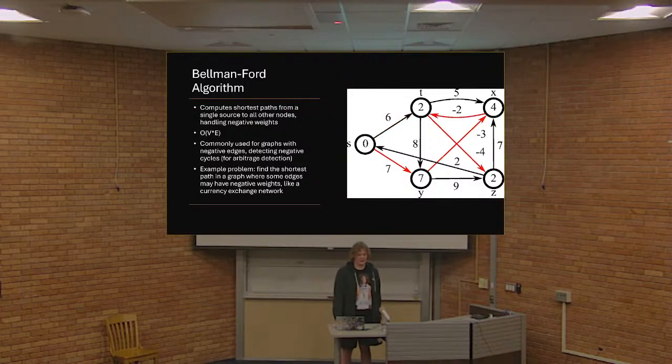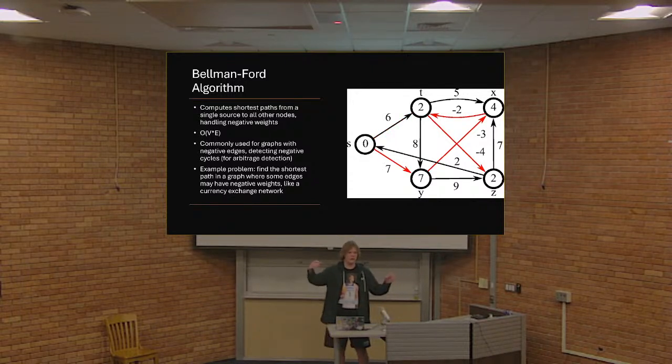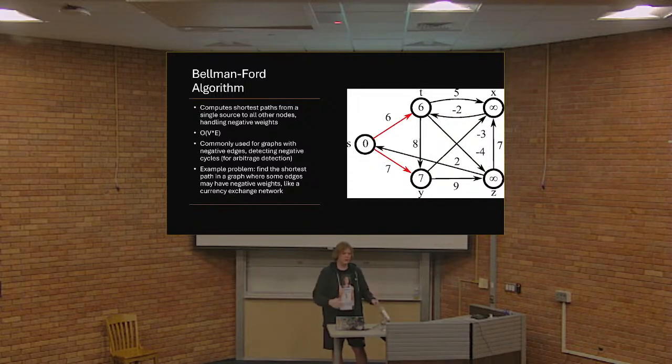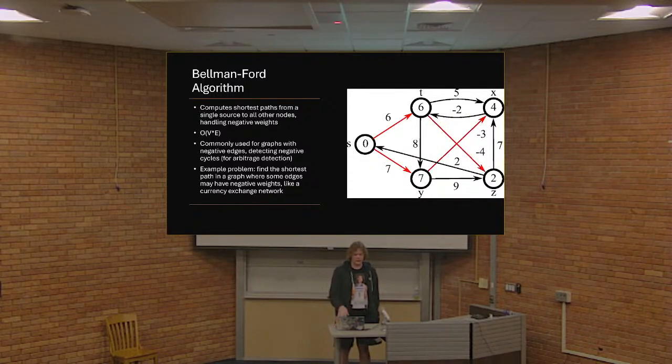Like in the example I gave, where you have a currency exchange network where maybe you actually gain money from going from one node to the other instead of losing it, so you would have a negative weight, which would actually add to your total value. So that can be an example of something where you would need to implement that.